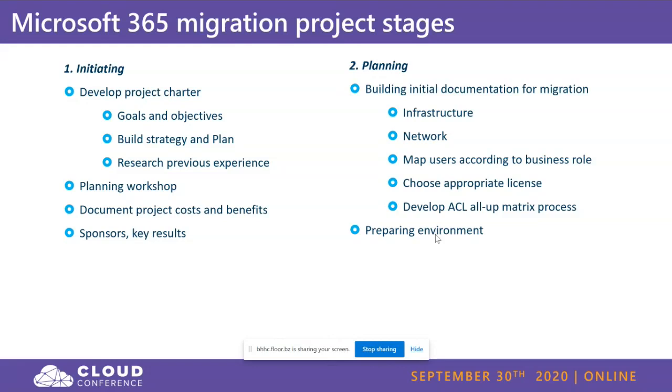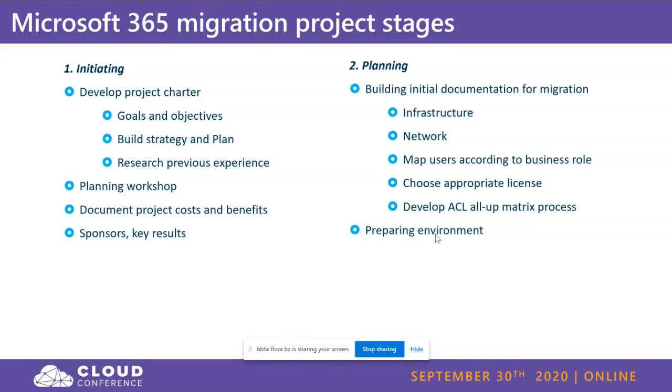They'll have only 50 gigs, or only 2 gigs for some users. So it's very important to have a list with the right license for the right people. We can base this on business role, but we can also do it at the user level. Depending on the project and the company, we have to have the right approach.